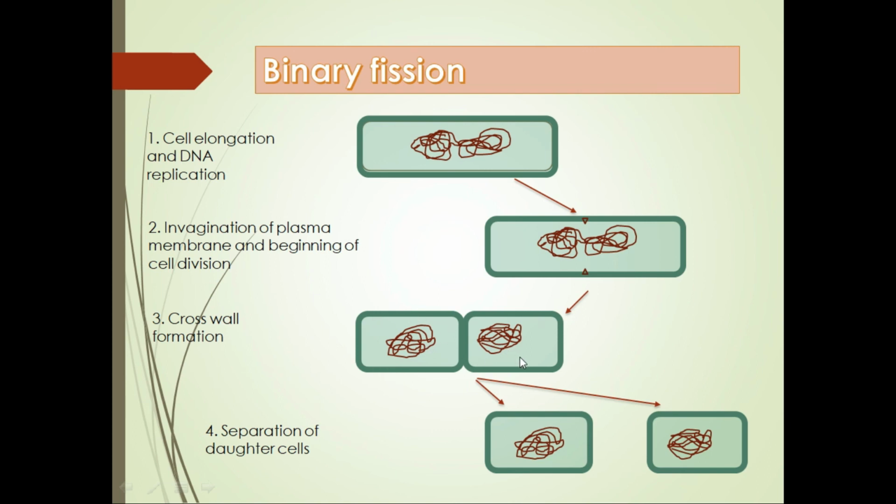Each cell gets an equal share of the parent cell, chromosome, plasmids and all. And finally, the two daughter cells get separated. This time duration for one cell to become two is your doubling time. As I said earlier, it takes about 20 minutes, 30 minutes or 40 minutes, or it may be some hours. So this is how binary fission occurs.